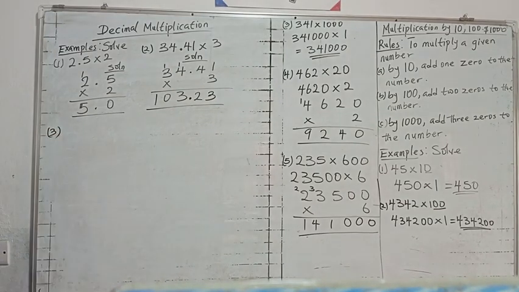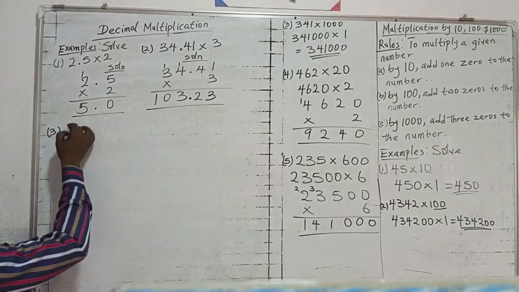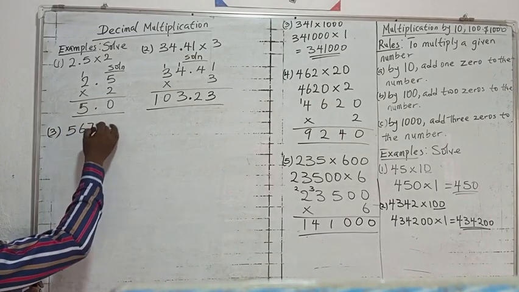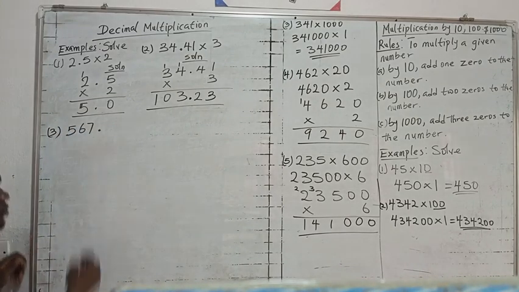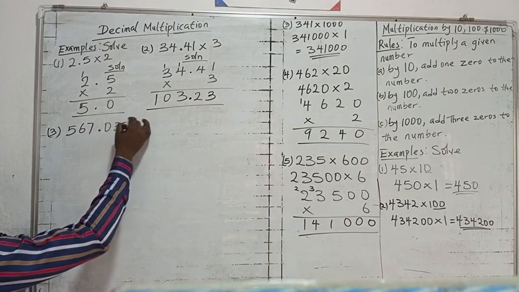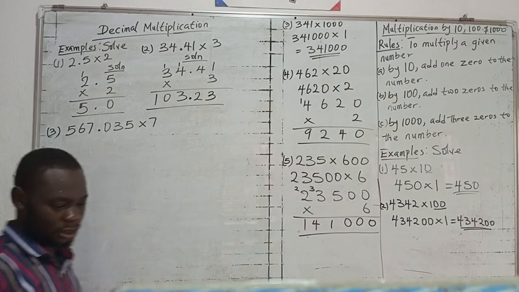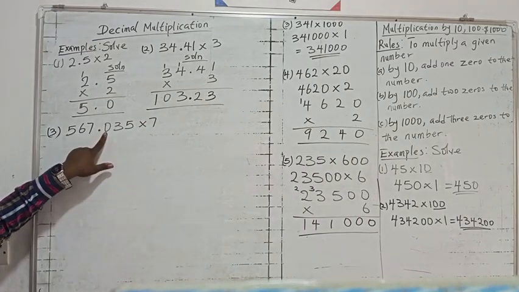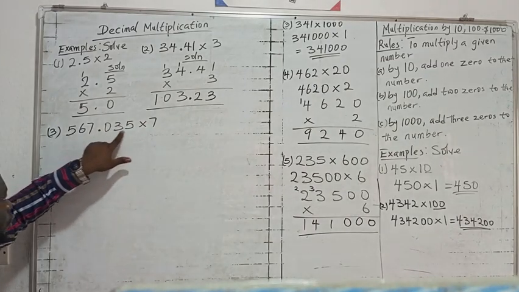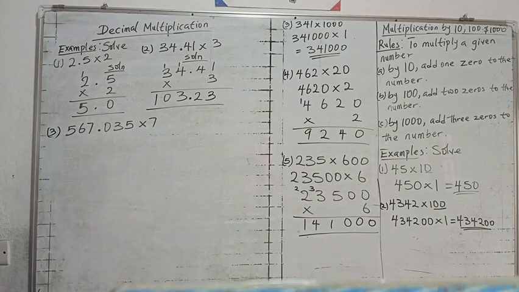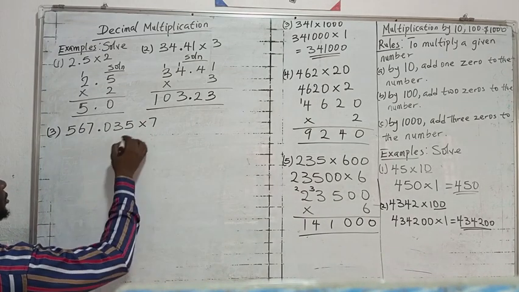Number 3. 567.035 times 7. The same thing. You notice that in this number we have how many decimal places? 1, 2, 3. The number of decimal values is called decimal places or decimal place.